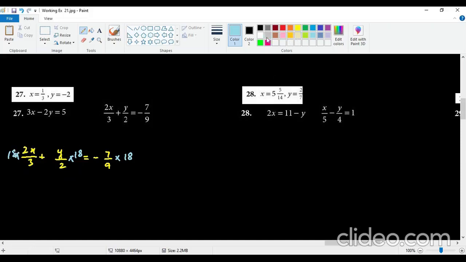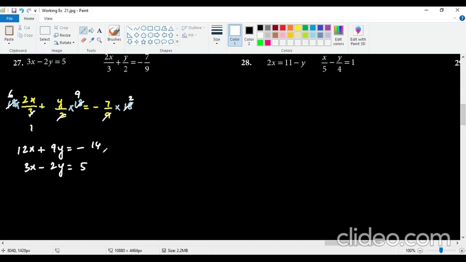So in turn, what I will get is 3 times 1 is a 3, 3 times 6 is an 18, 2 times 9 is an 18, and 9 times 2 is an 18. So in turn, what we'll get is 12x plus 9y equals minus 14. And the second equation is already 3x minus 2y equals 5.